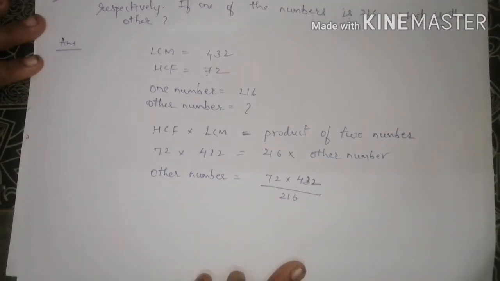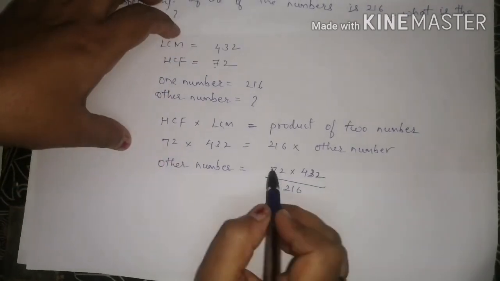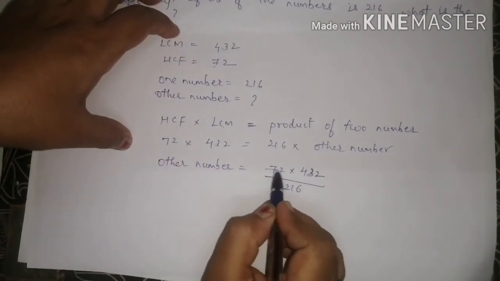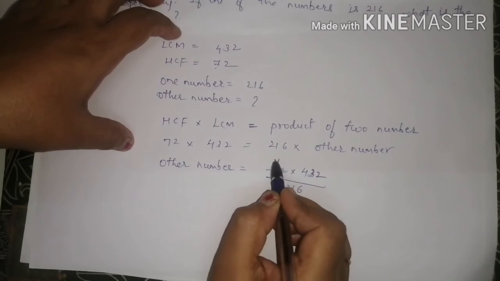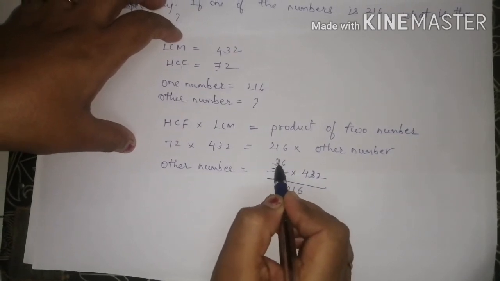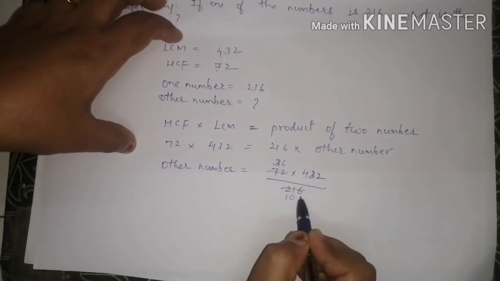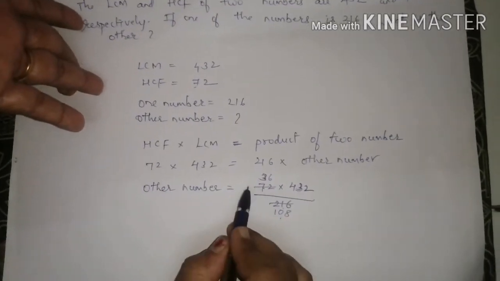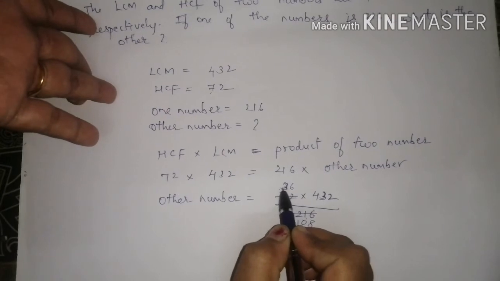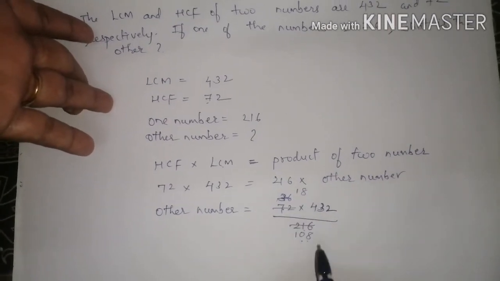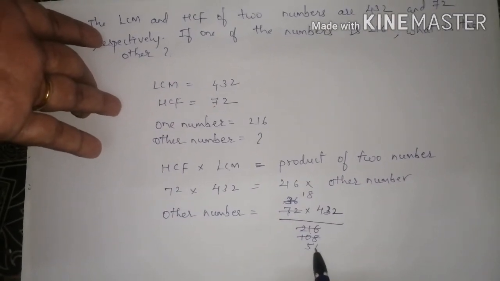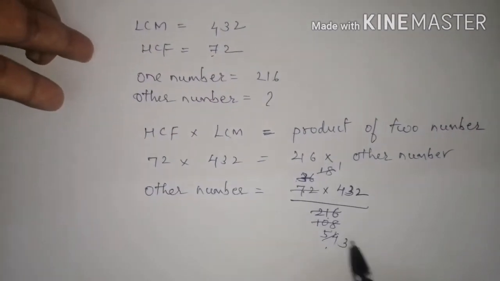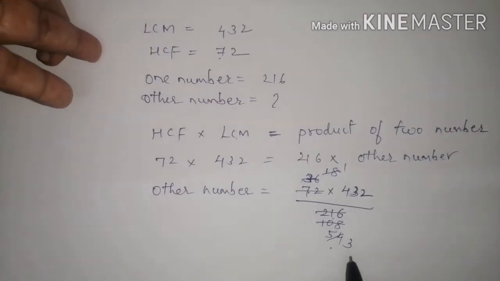So let's find out the other number. This 216 will get divided by 2. 2 threes are 6, 2 sixes are 12, 2 ones are 2, 0, 2 eights are 16. Now this 108 will again get divided by 2. 2 eighteens are 36, 2 fives are 10, 2 fours are 8. 18 threes are 54.